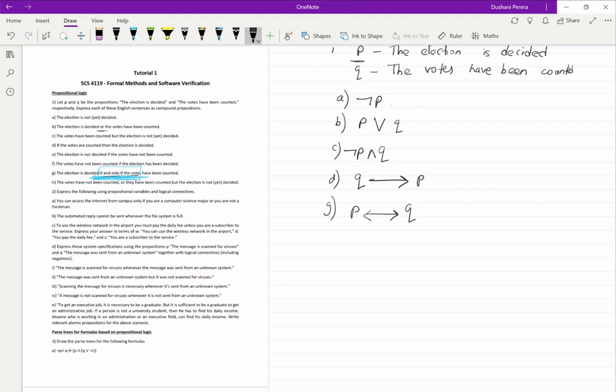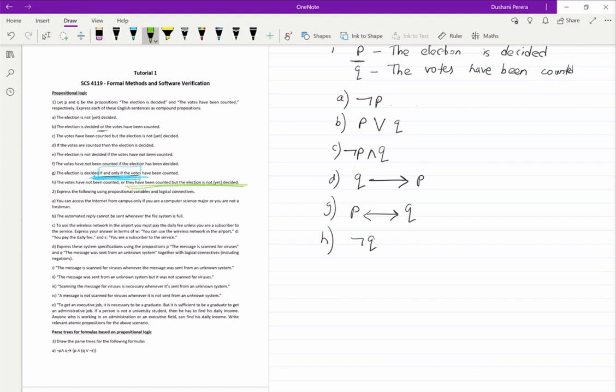Next, let's go to part H. Votes have not been counted. That's not Q. The next part is OR. They have been counted, but the election is not decided. So let's look into the second part now.